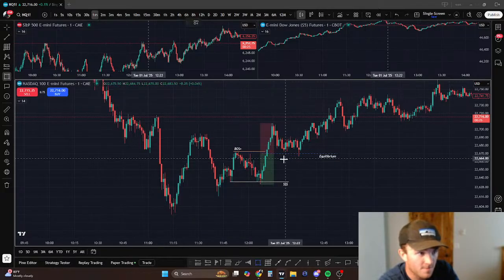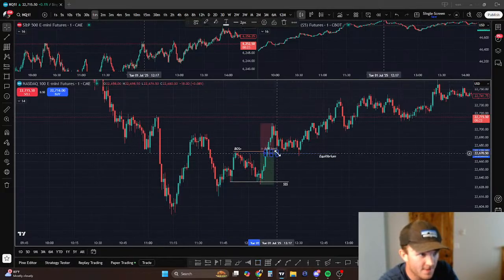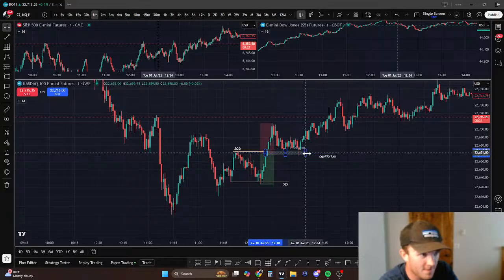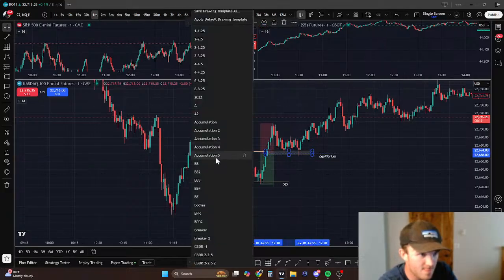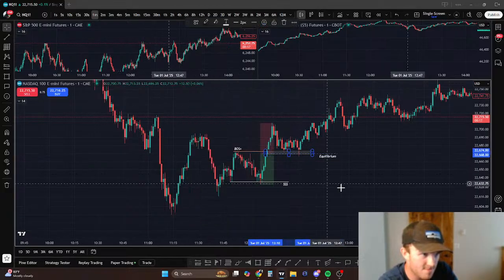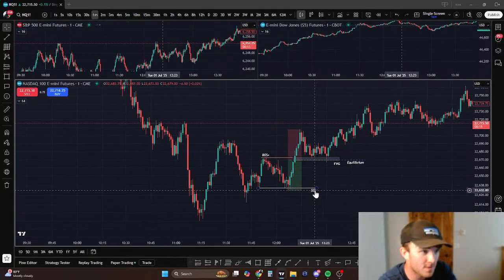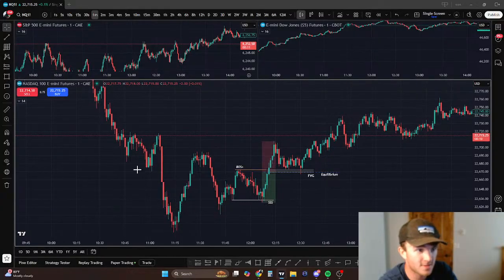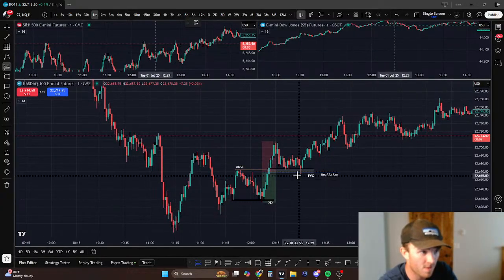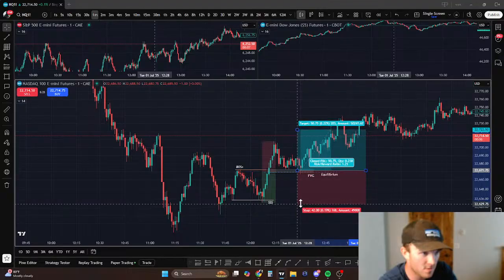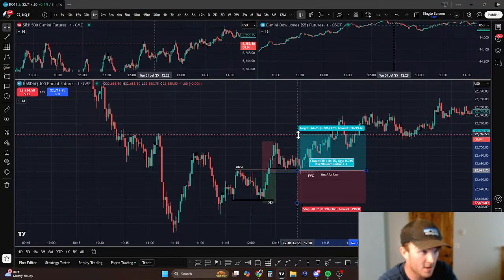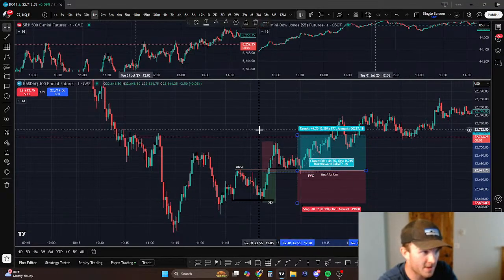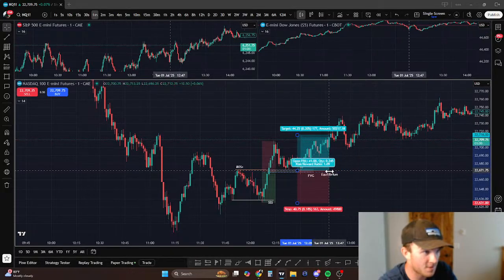And then a nice little fair value gap here, right at equilibrium. Nice little 2022 here, and then stop loss at the low. I'd probably just target these equal highs. Nice little 1-to-1.